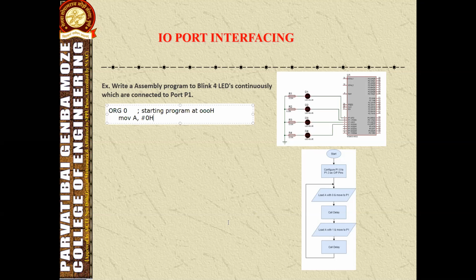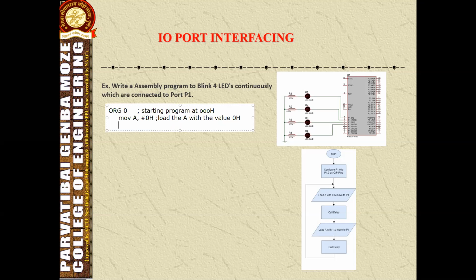What I am doing here is, first I have to write the immediate value 0H to the accumulator. I am transferring, moving, or loading into accumulator A the value 0H.